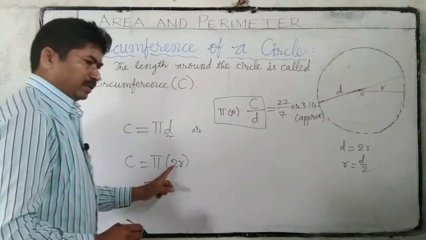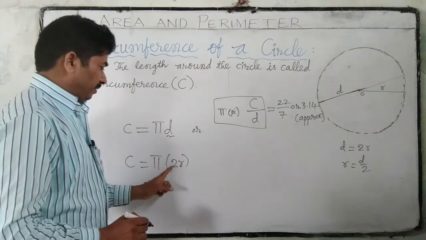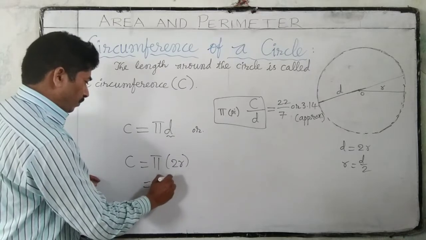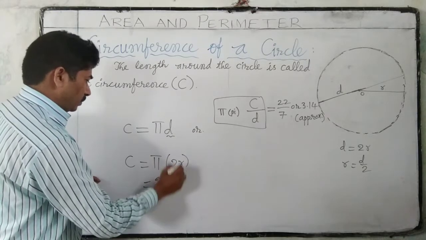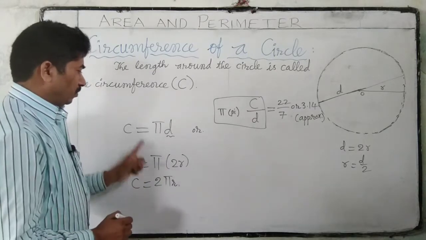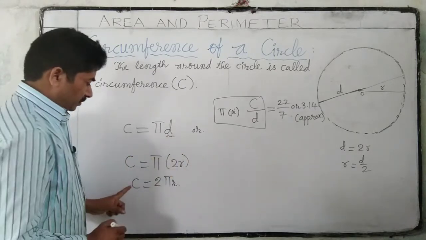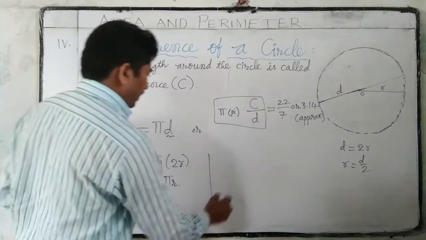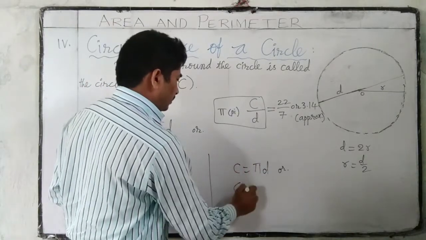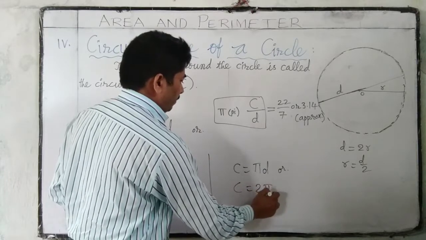So we have to write this numerical term in front of the variable: 2 pi r. C is equal to 2 pi r. Finally, C is equal to pi D, or C is equal to 2 pi r.